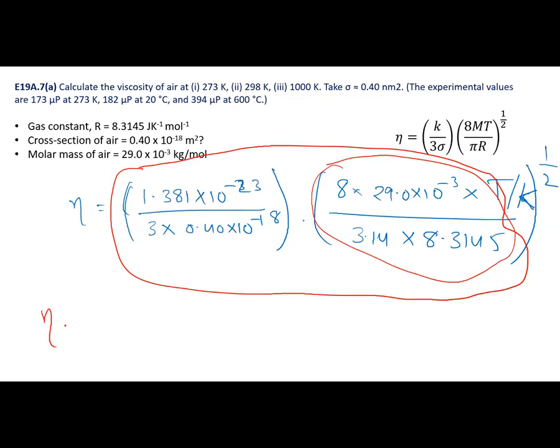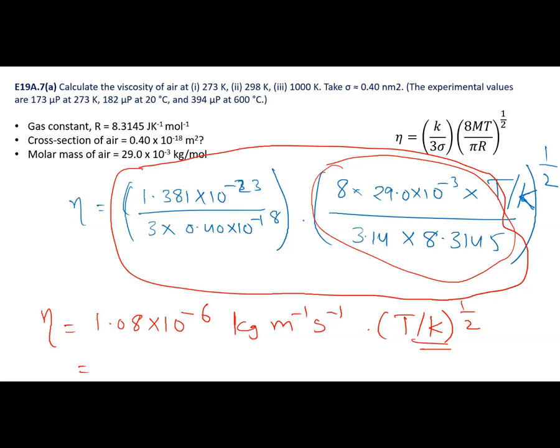When you calculate this, you get 1.08 times 10 power negative 6 kilogram per meter per second times the temperature, which you have to input in Kelvin, power half. Don't misunderstand the Kelvin power half. It's nothing to do with the units. It just indicates that the temperature needs to be inputted in terms of Kelvin and not Celsius.